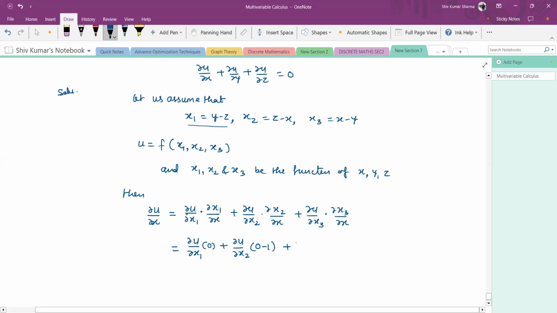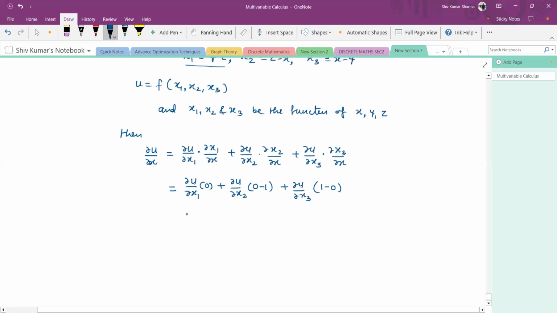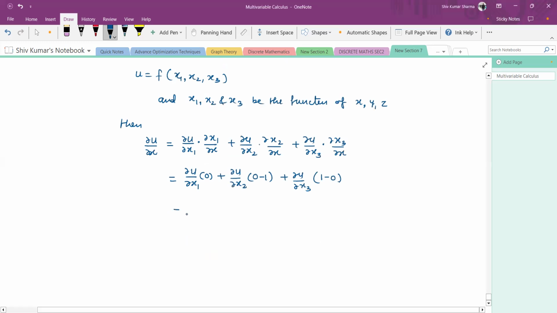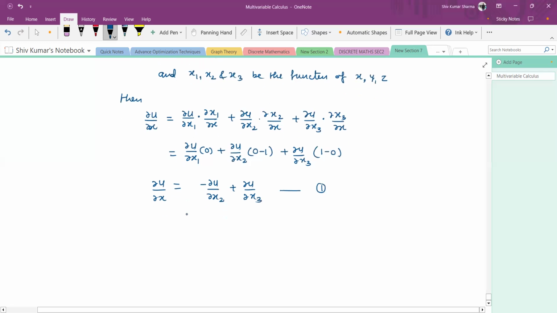Plus del u upon del x3 into del x3 upon del x: the derivative of x is 1 and y is 0 because we treat y as a constant. So we write this as minus del u upon del x2 plus del u upon del x3. This is the value of del u upon del x, and we call it equation number 1.